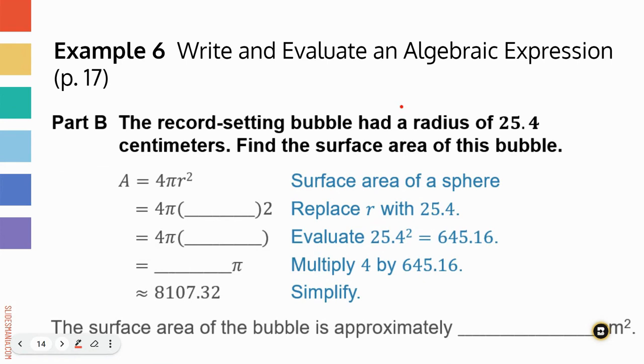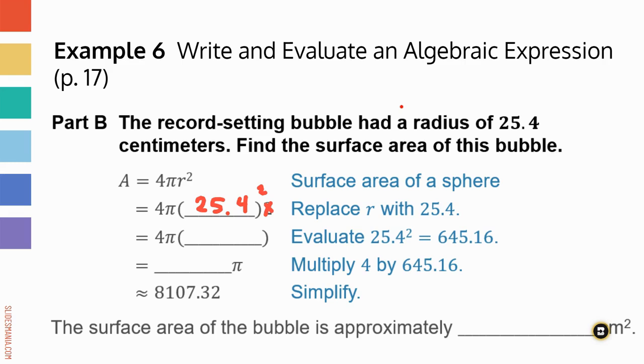Okay, in B, we want to find the surface area of this bubble. So that means we need to substitute. In place of r, which is our radius, we're going to put 25.4. And then we need to do 25.4 squared. Sorry, I don't know why that looks like a 2. It should be squared.